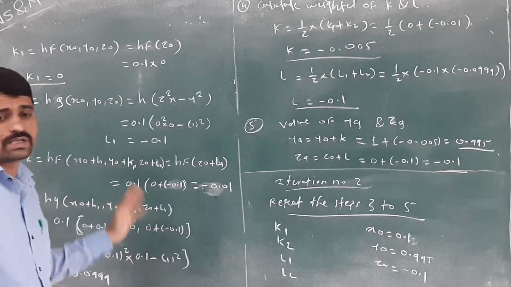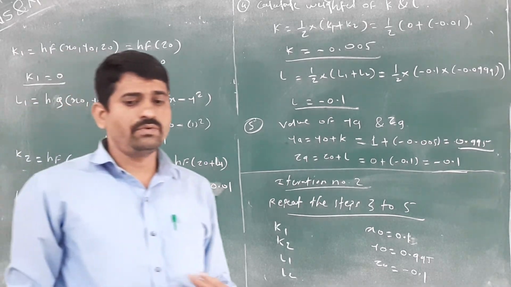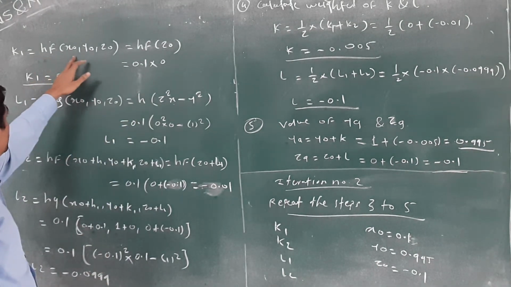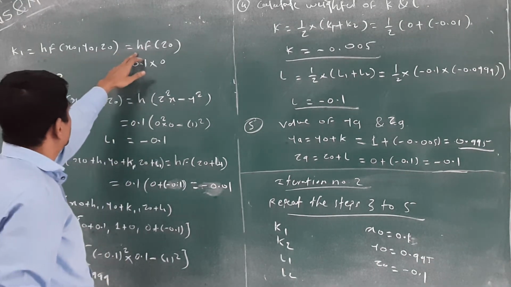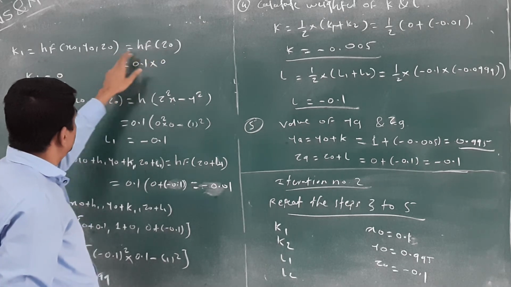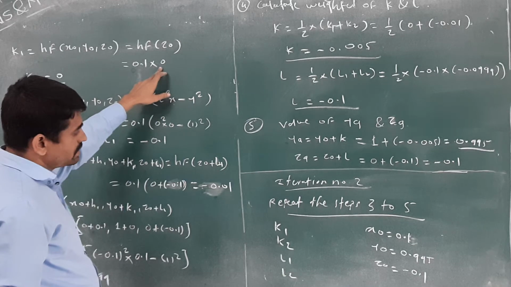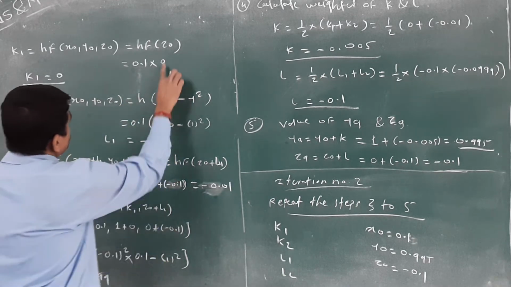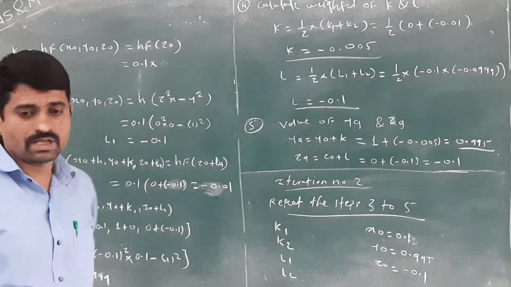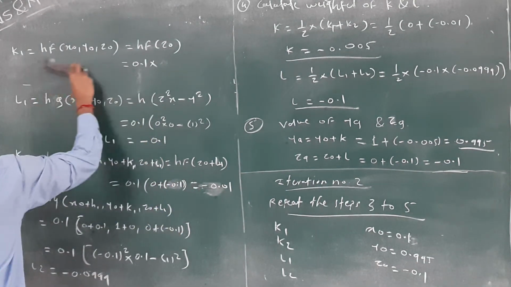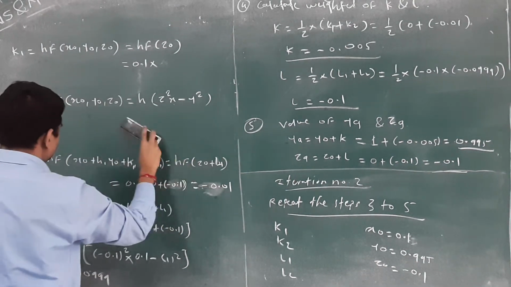Okay, k1 is equal to, you will get when you put h f into x0, y0, z0, h f into z0. H is again 0.1, and what is the z0? Minus 0.1. We will use this same formula. Okay, we will solve fast.